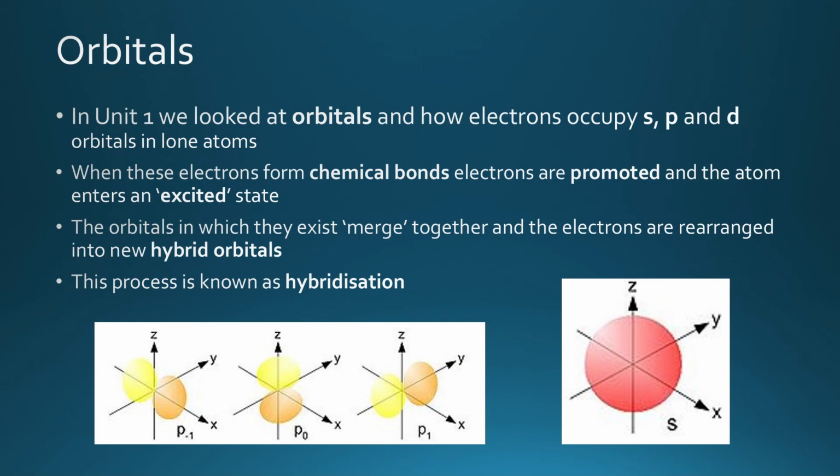So at the first stage, let's review. This week we have learned about orbitals. Okay, so we have learned about s, p and d orbitals in the lone atom. But what about with hybrid? Okay, what is a hybrid?